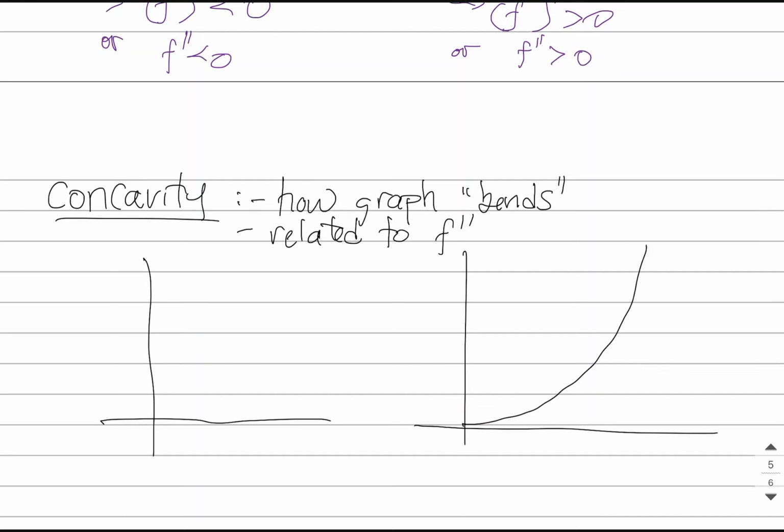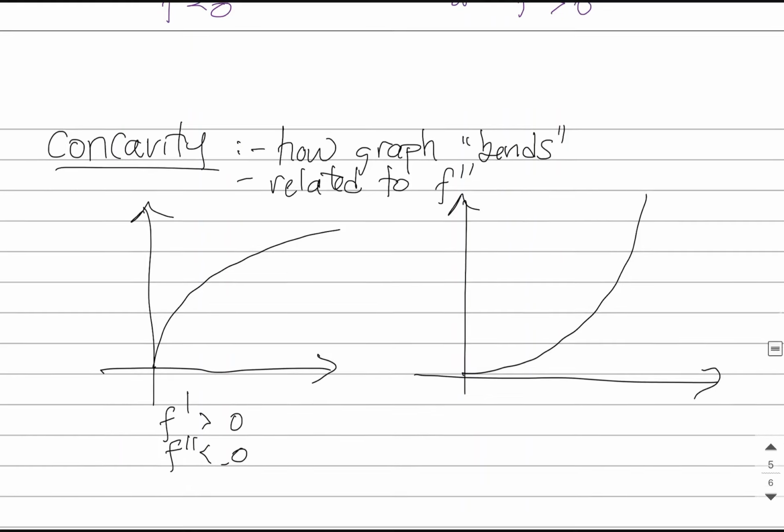And I'm going to talk about what I'll jokingly call the different flavors of concavity. In this first picture, the derivative was positive, but the second derivative was negative. Whereas in the second picture, the first derivative was positive, and the second derivative was also positive.